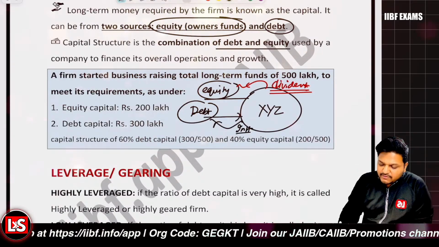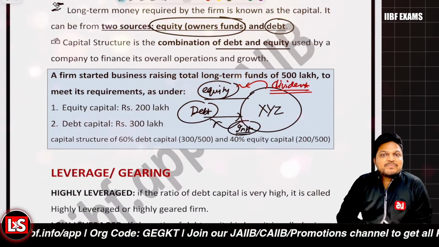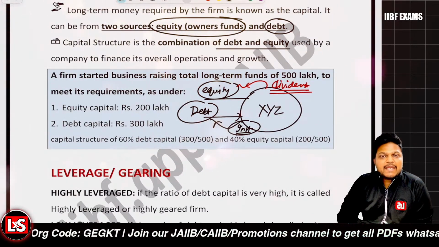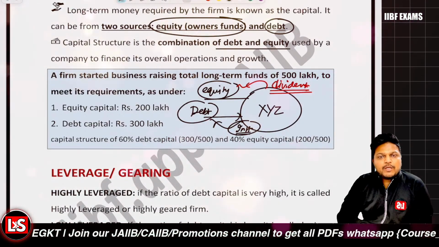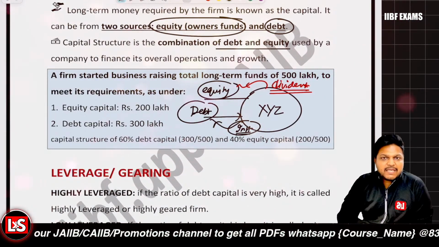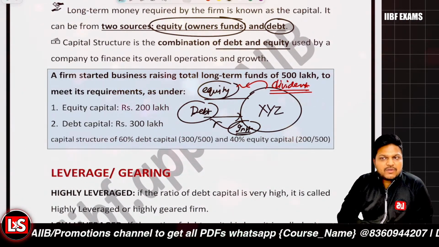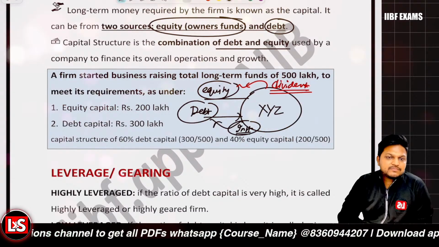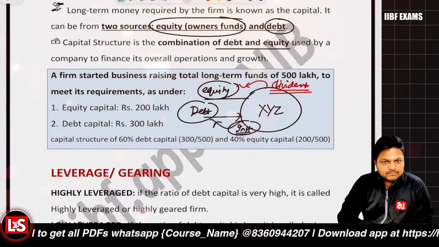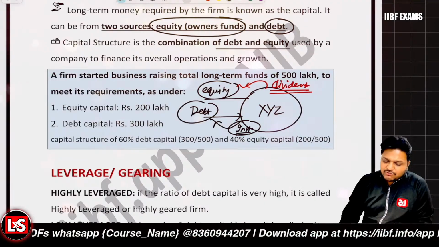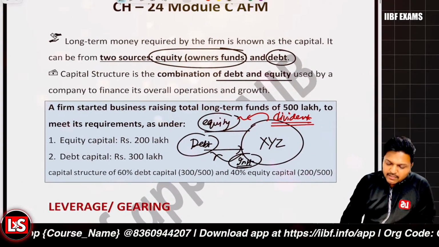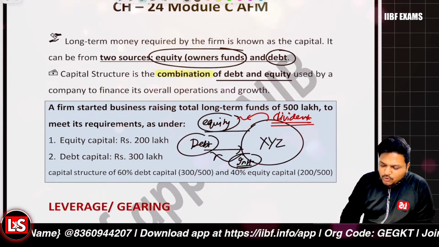In case of bonds and debentures, we pay the coupon. In case of a loan, we pay the interest. So capital structure is nothing but a combination of debt and equity.